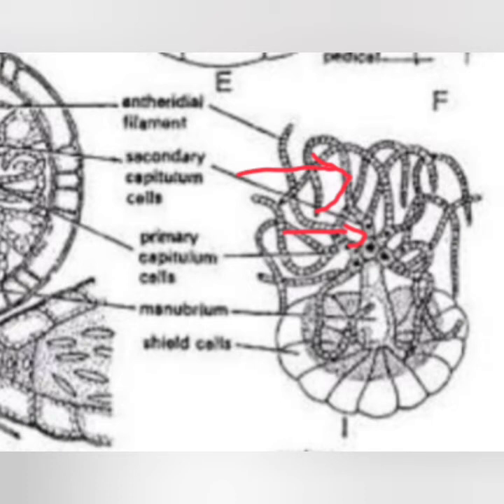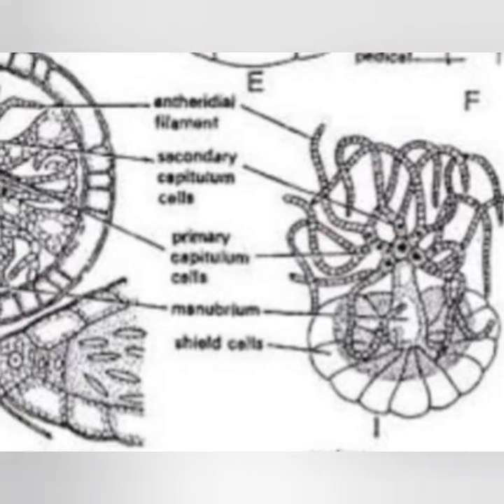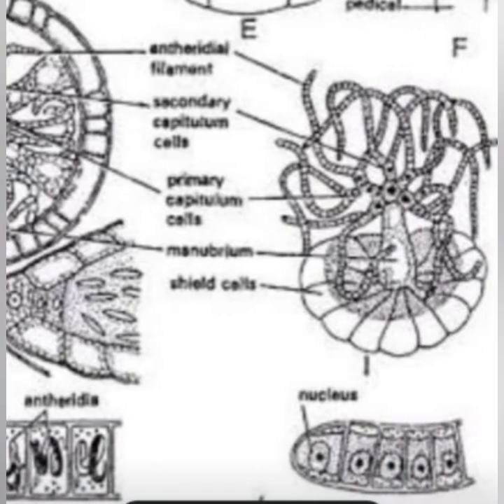So just take a look at figure J here. You can see uninucleate. Why? Because there is a single nucleus present in each cell. So there are about 250 cells, and these cells are uninucleate, having a single nucleus.